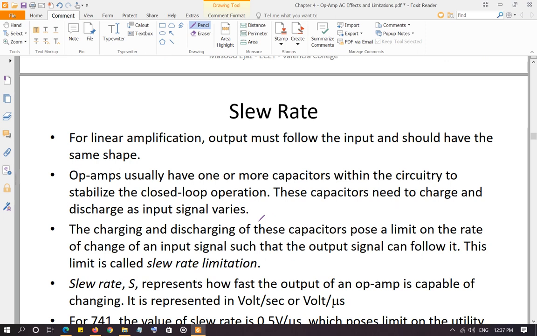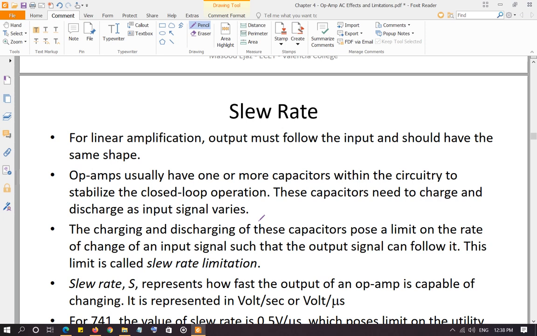These two things, slew rate and closed loop bandwidth, you have to consider to know the proper frequency at which you can operate the circuit, or the proper rise time of the input for which the output can follow the input. Because remember, for an amplifier, the output must follow the input. That is, the shape of the output must be the same as the shape of the input. If it is not, then we don't consider it a linear amplifier. It is not doing linear amplification.